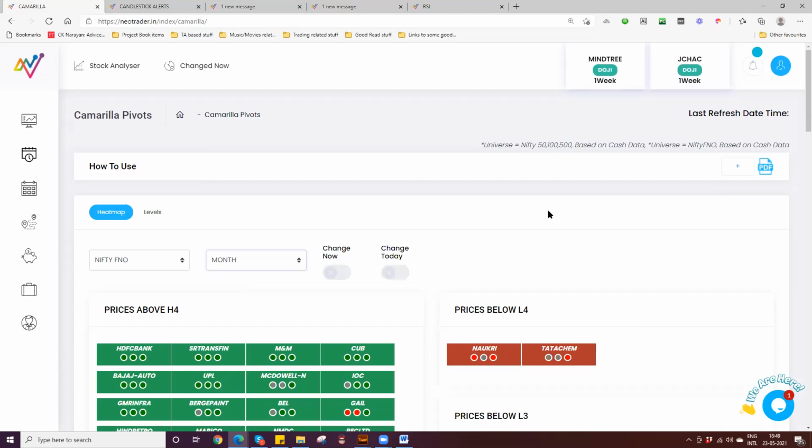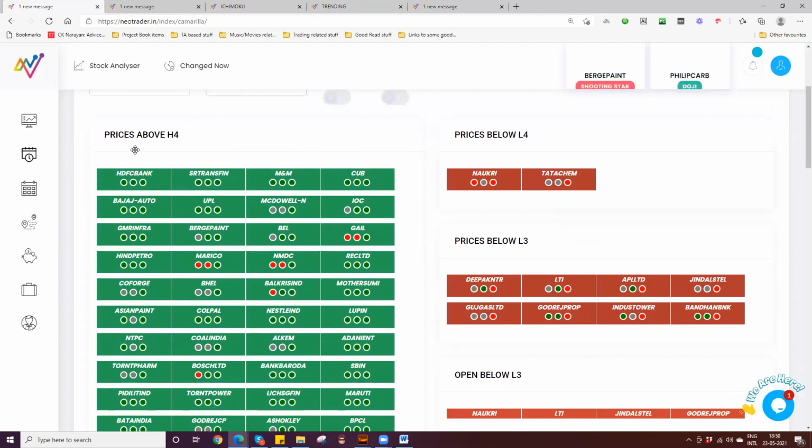So you want to take a look at the stocks which are very strong from the highest time frame that we are looking at, which is the month. So you set it to monthly and you look at stocks which are above H4. Now, why above H4? H4 and above are the stocks which are into a trend. So we want to look at stocks which are into a monthly trend.